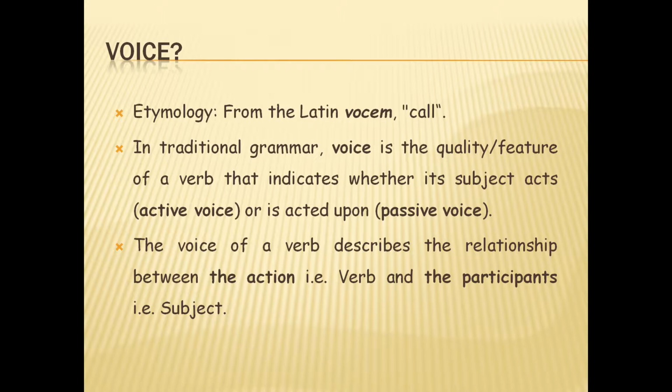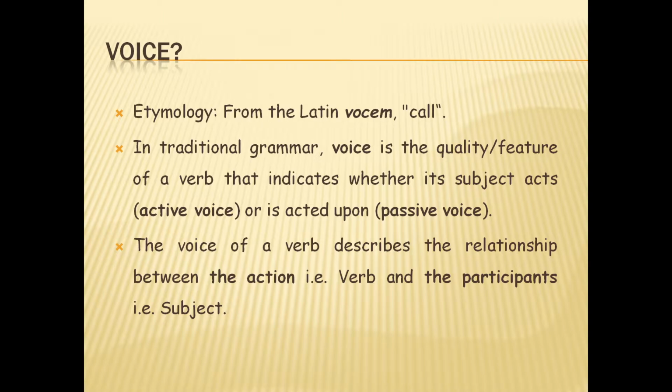That's important to understand. This voice is actually related to the verb, or we can say it is a feature or a quality of a verb that indicates whether its subject acts or is acted upon. So there might be two situations in a sentence. In one situation, the subject acts, and in the other, the subject is acted upon.